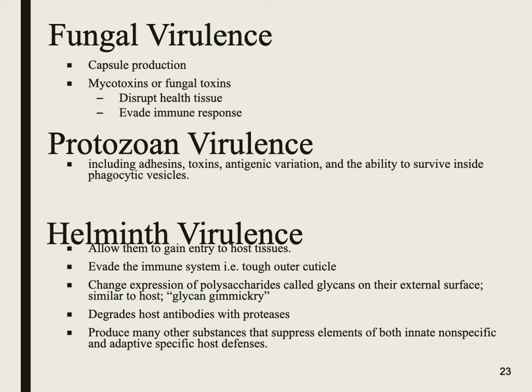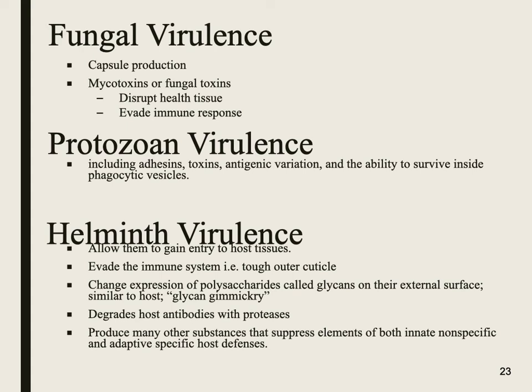With protozoans, they can have a number of different virulence factors. They can have adhesion molecules. They can also produce toxins. They're also good at antigenic variation. Due to their life cycle, they naturally have antigenic variation, because if they're in a cyst form versus adult form, they're going to have different antigens, different surface molecules.